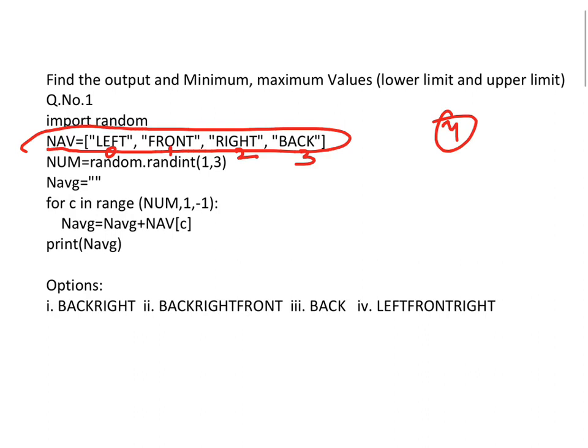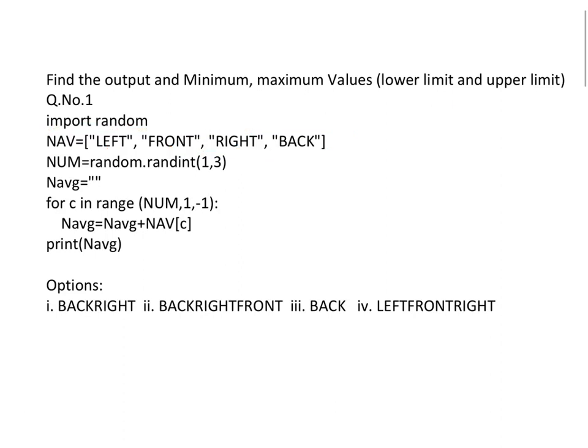Now in the next step you can see num equal to random.randint(1, 3). As I explained, the randint function will give you random integer values between 1 and 3.